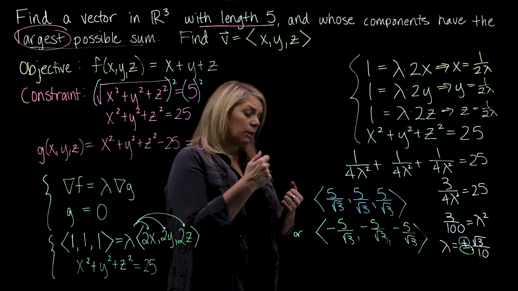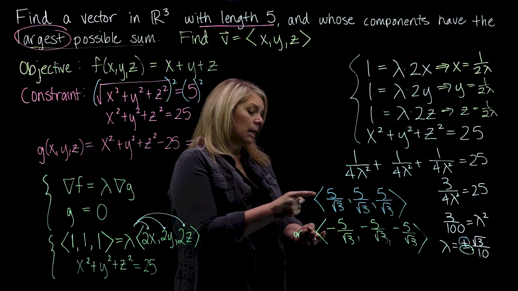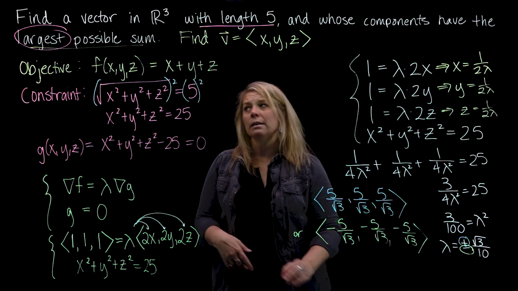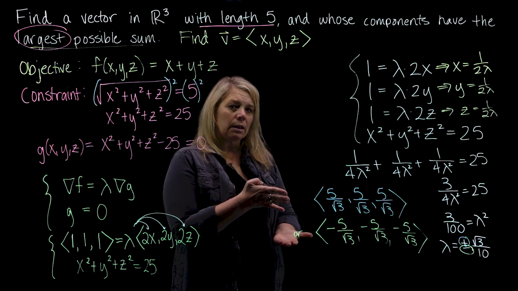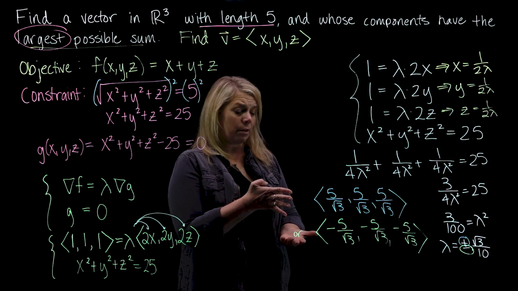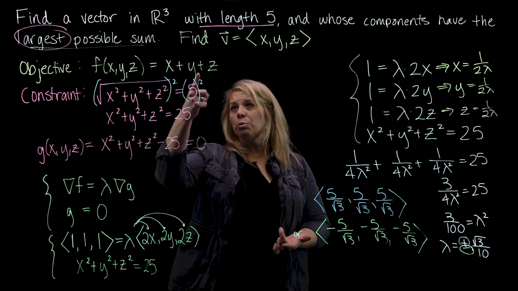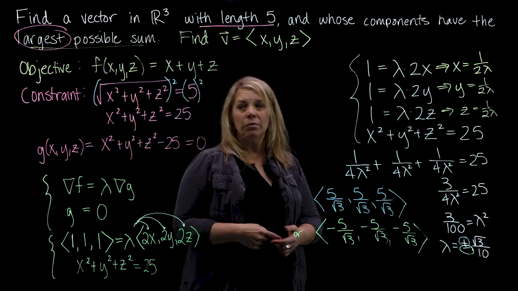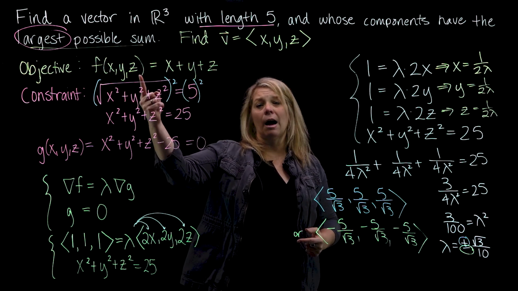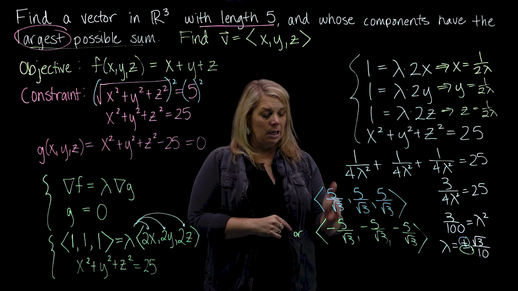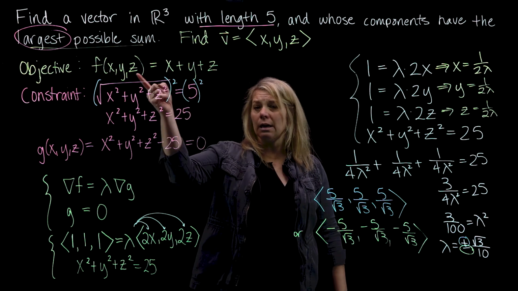All right, so if I look at these two and think about these as my values for x, y, and z in my objective function, you should be able to see that one of those gives a higher output value than the other. When I put in these positive values for x, y, z, I'll get a positive output for this objective function. And when I put in these negative values, I'll get a negative output.